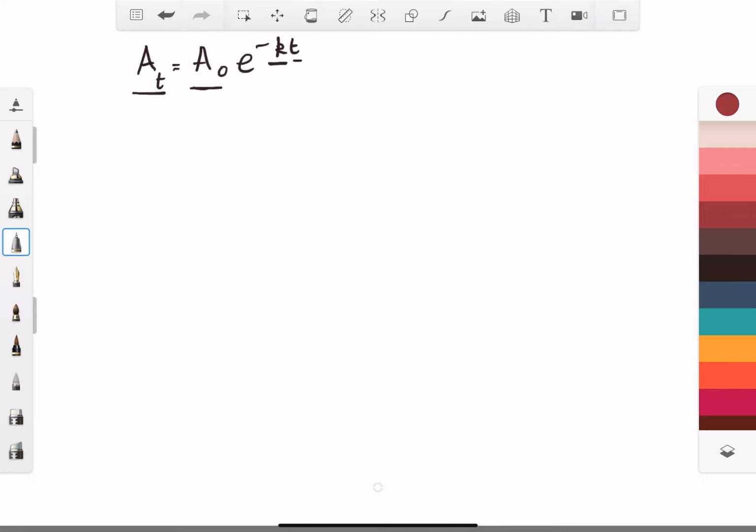If I want to draw this as my y and this as my x, what will your drawing or sketch be? So this is amount at a certain time and this is the time. And again, don't forget that we are talking about an exponential term.